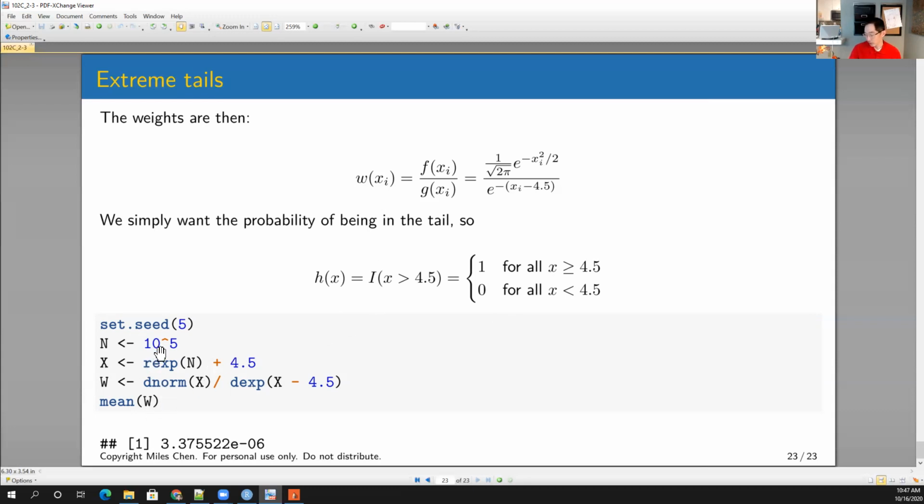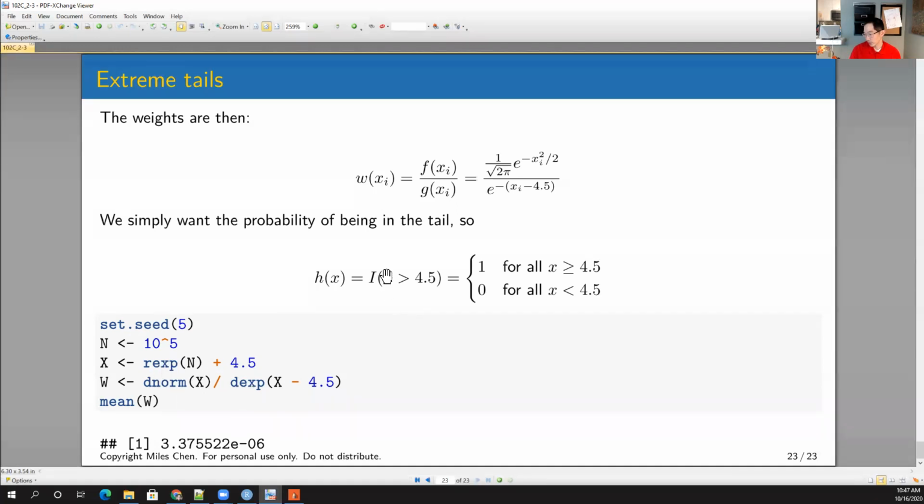So here I just generated 100,000 values. I generate 100,000 random exponentials, and then I add 4.5 to everything. Then I calculate the weights, which is dnorm of x, the normal density, divided by the exponential density, where I subtract off 4.5.